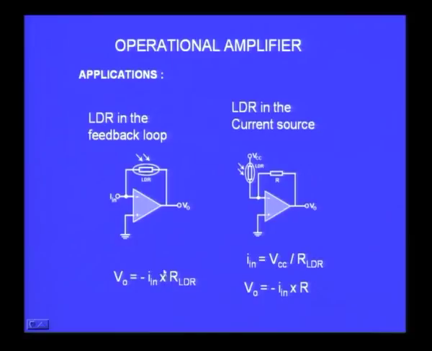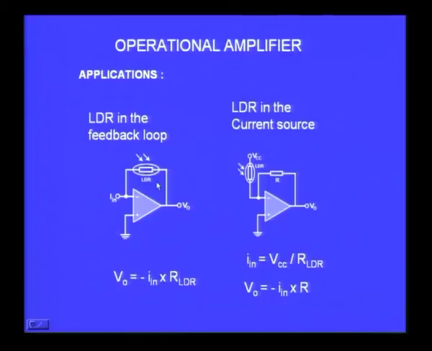So, here R LDR is the one which is proportional to the intensity of light falling on that, therefore, V output is equal to minus I in into R LDR can be used to measure the intensity of light falling on the LDR. So, it becomes a lux meter to find out the light intensity.